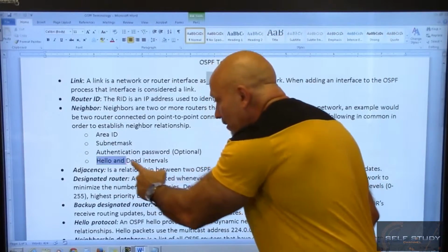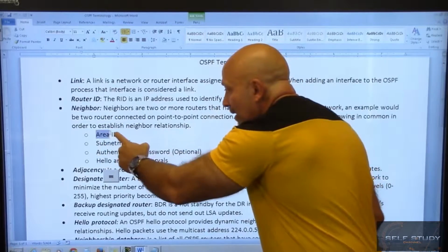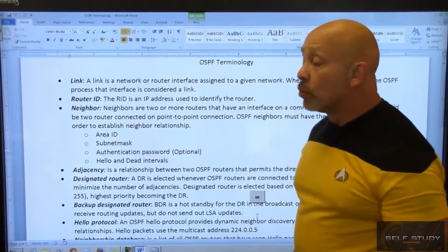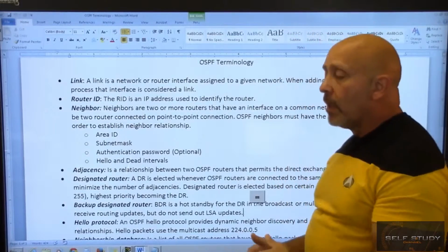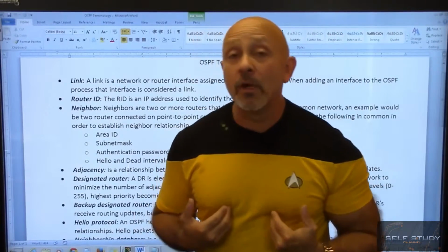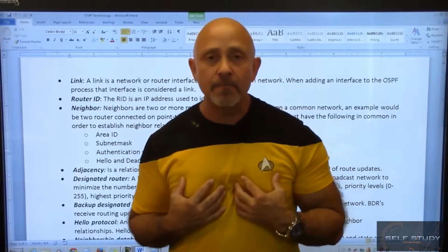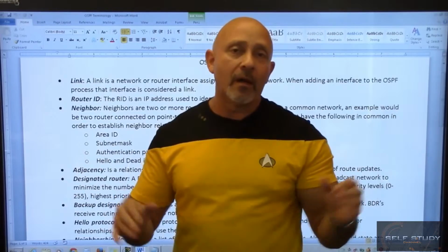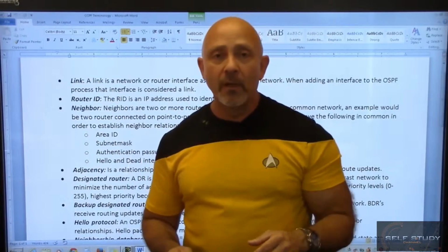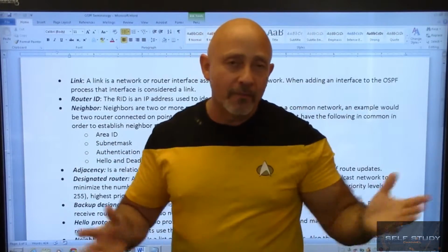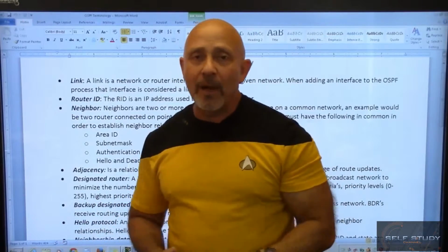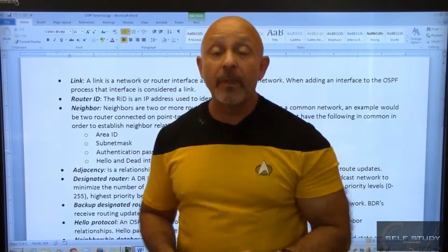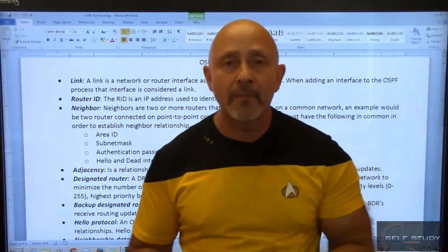This one and this one, the area and the hellos, are something that you really need to pay attention to, because I would test you on that. I would definitely create a test, like a print screen, where one router has a different area, or I show you the default values of the hellos, and then the other one at the bottom doesn't have the default values. So you will say, oh, the hellos are different, because OSPF is extremely picky.